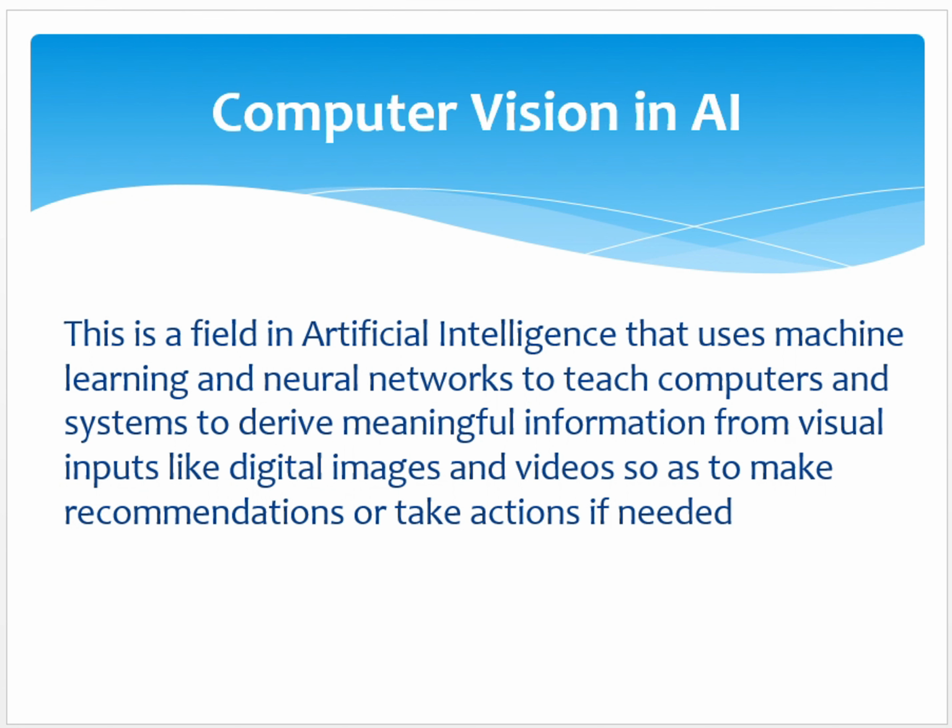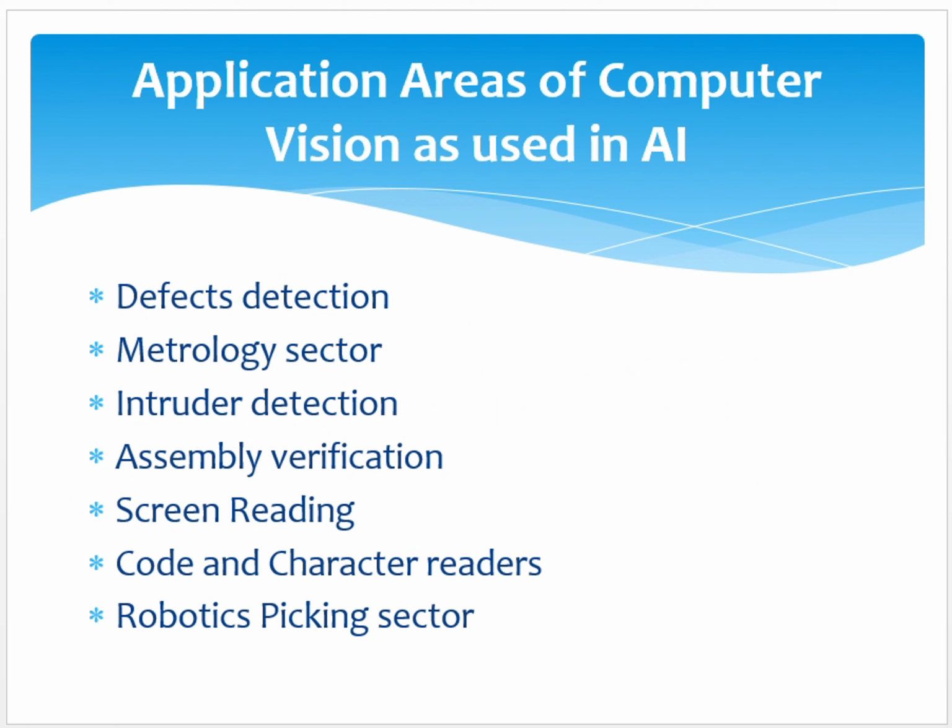Areas where computer vision is applied: it's applied in metrology, in the core department, or industry. It's also used in assembly industries, for picking items and dropping them and positioning them well, and doing the screwing and the joining.